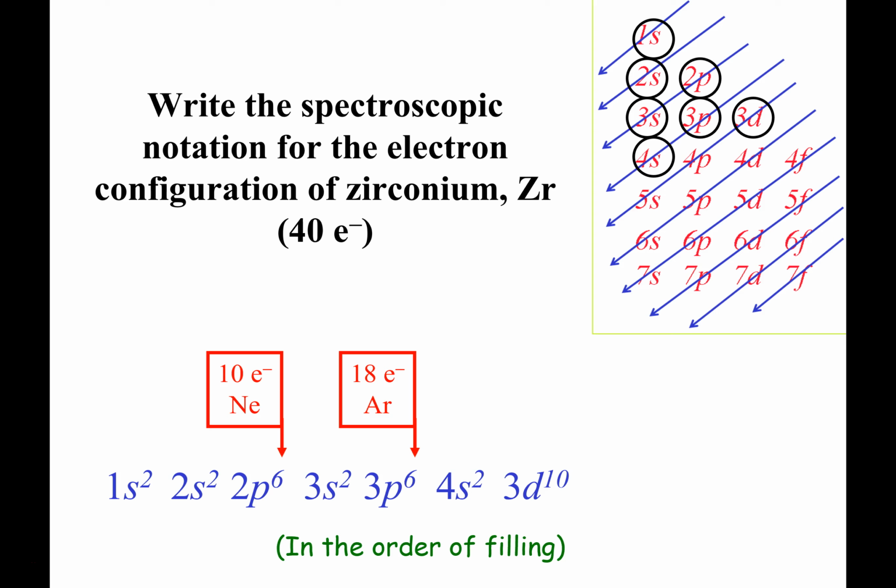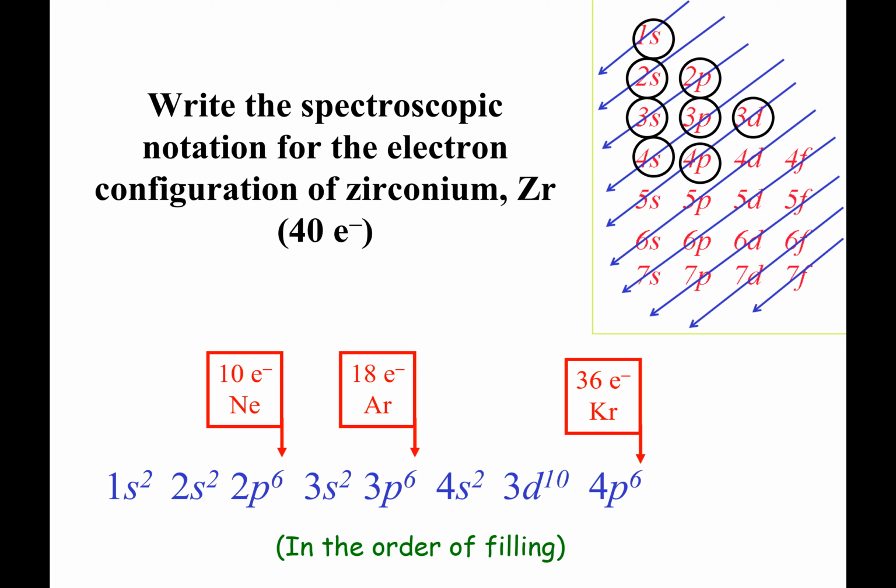We still need to find homes for 10 more, so we put the next 6 in 4p. So 4p6. We have come to a p6, so that must be the rare gas in the period underneath argon, krypton. If we add up the superscripts, you're at 36, on our way to 40.